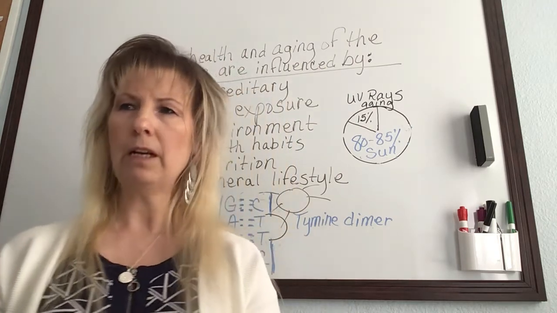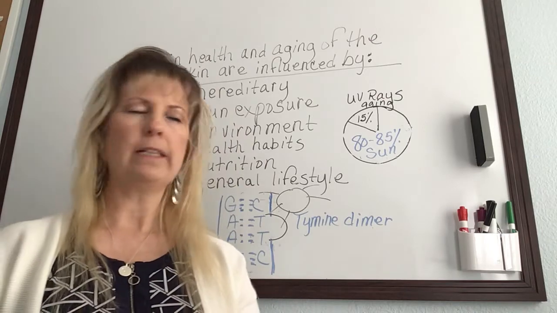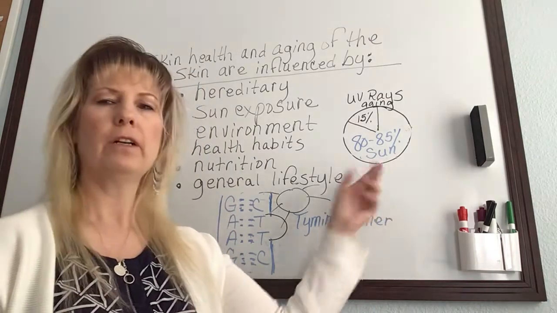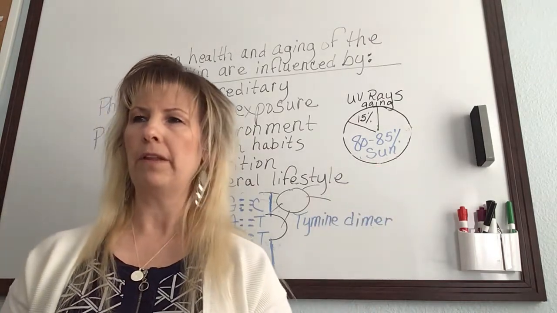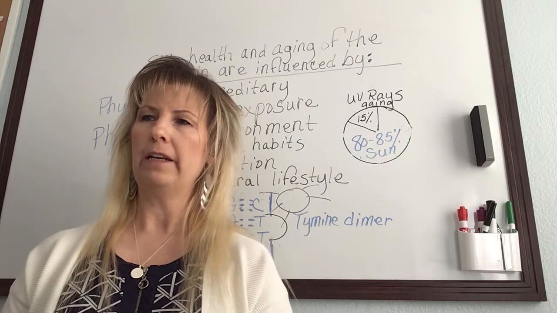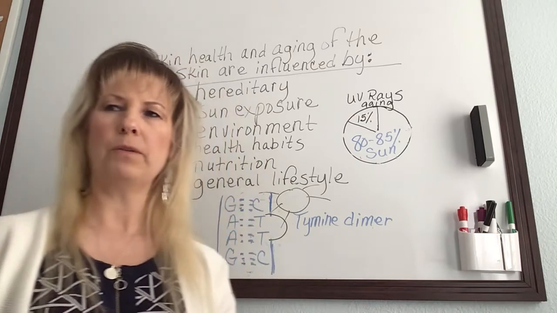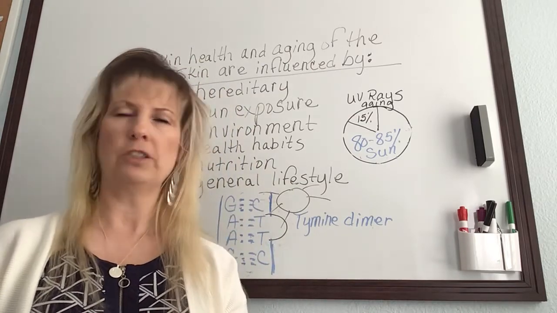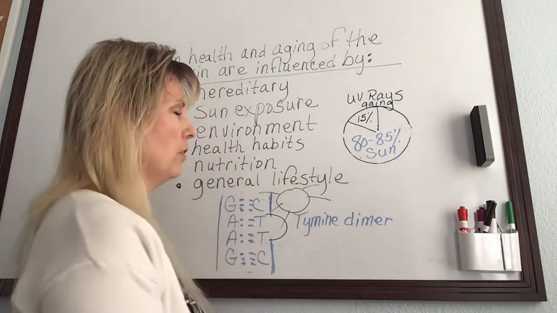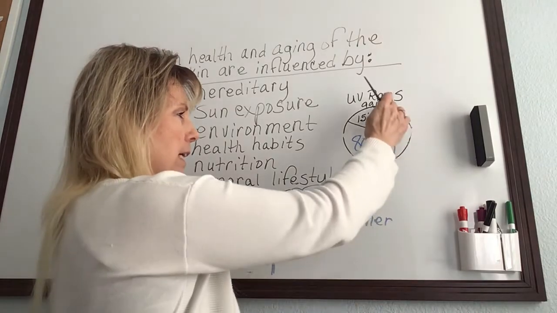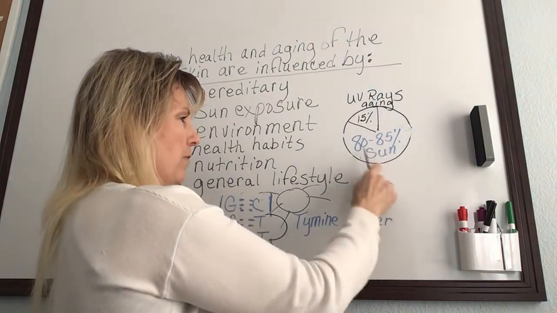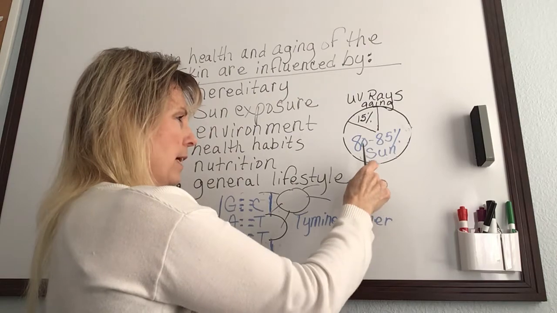So also the UV rays, I put here the UV rays, they increase our aging from the sun. What they do is they break down again the collagen and elastin. And our aging is 80 to 85% due to sun.